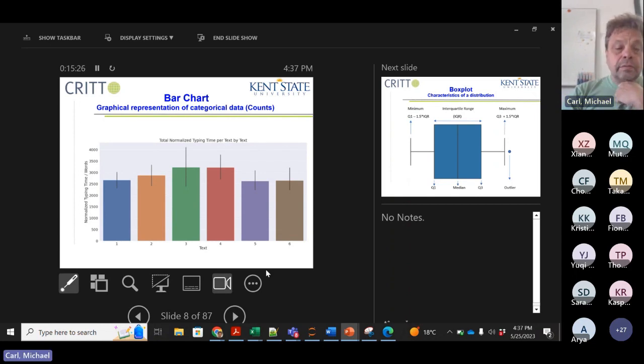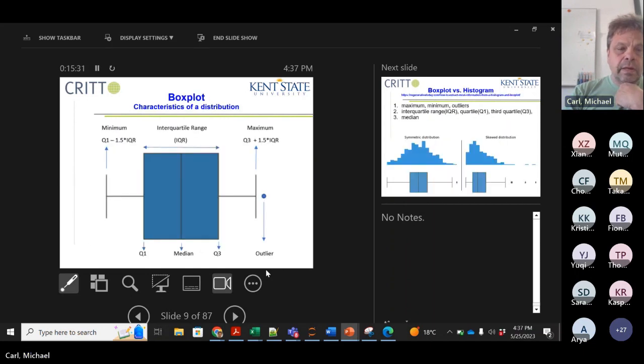And then we have box plots, like this one here. And box plots would show characteristics of the distribution. So here we have a distribution, and this represents the entire data set, and this would be 1/4 of the data.